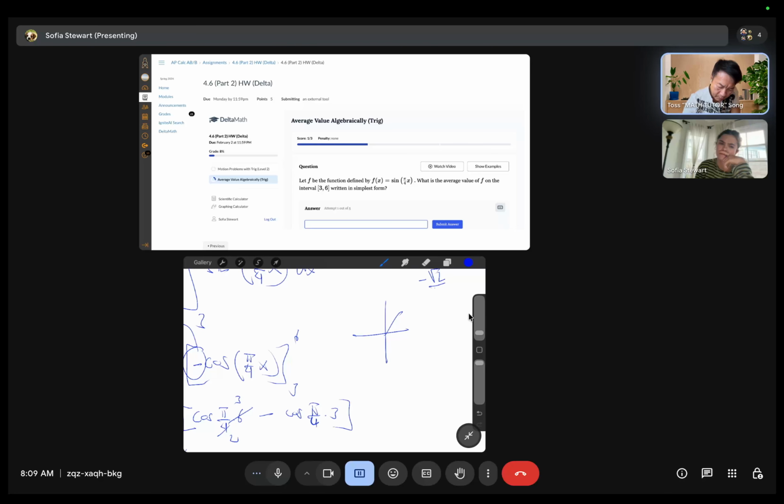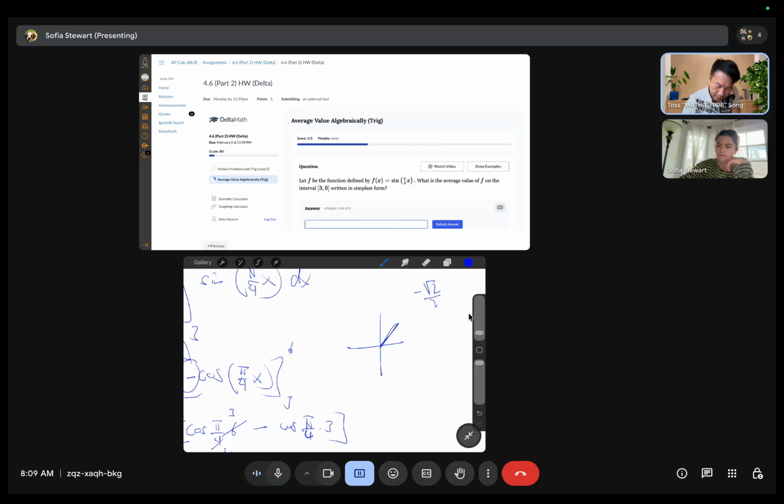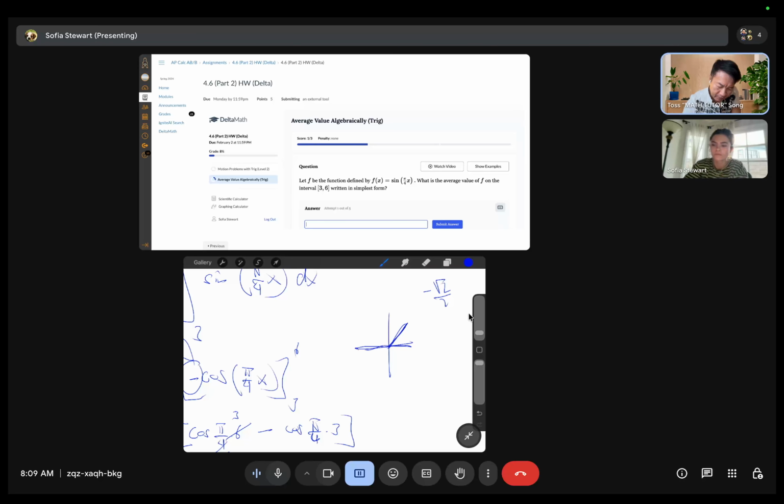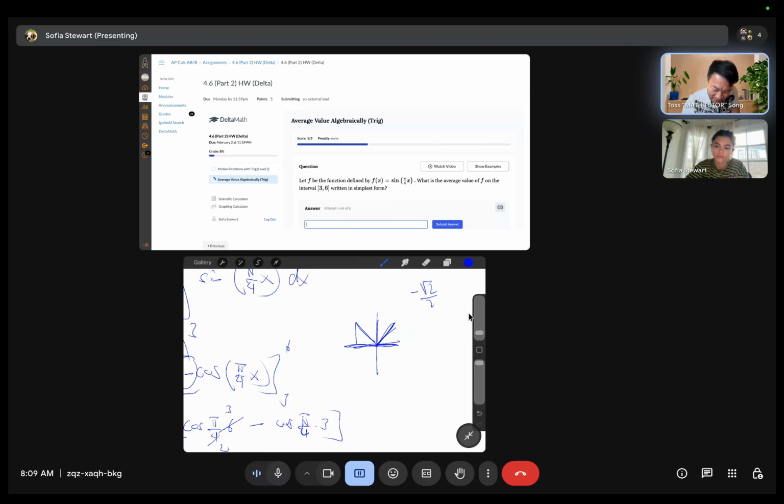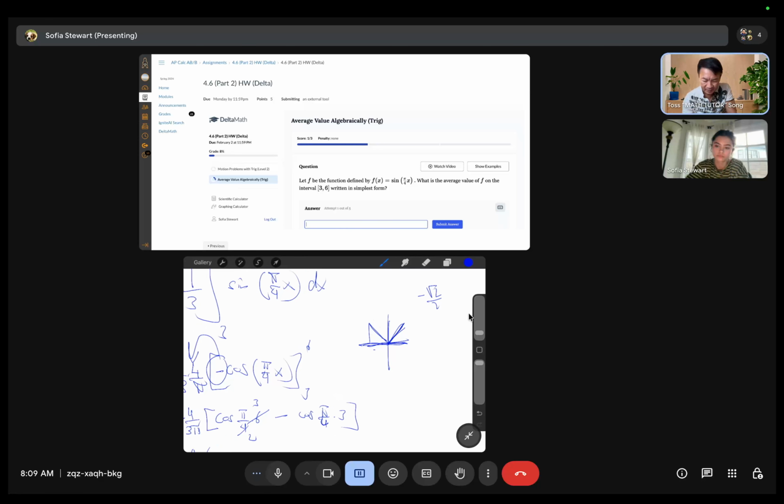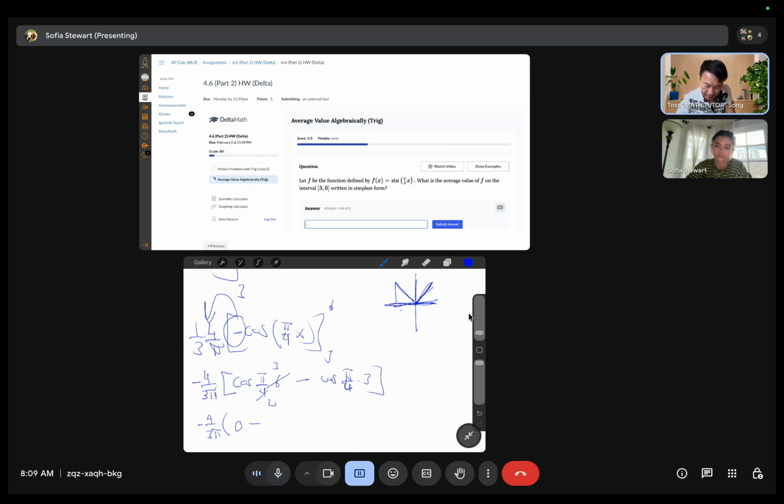Is that right? Let me double check. You don't have your unit circle in front of you anymore, right? No. Okay, so let me double check. What is the cosine? Yeah, it's negative. Yeah, it looks good. Okay, so it's going to be a negative root 2 over 2.